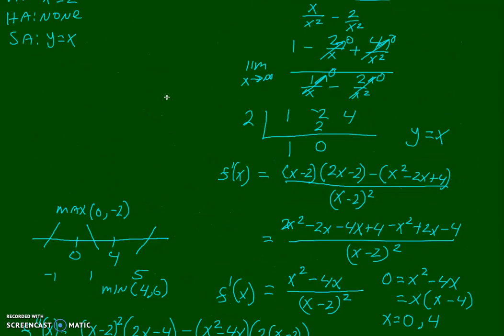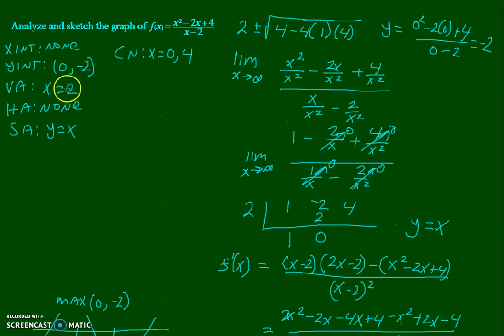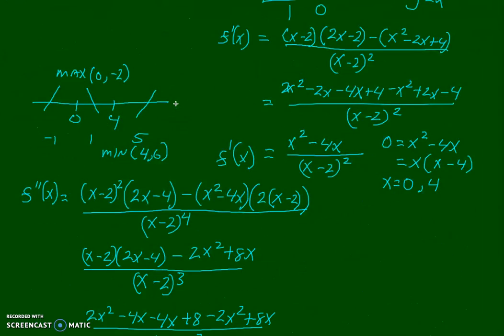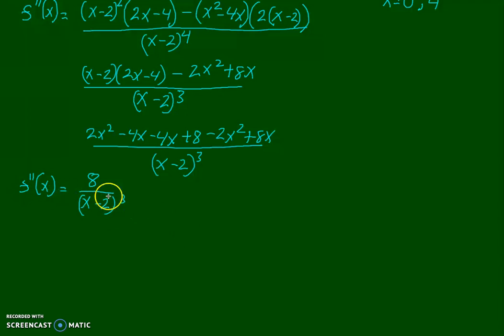So let's go put those up here. So we have a max at 0, negative 2, and a min at 4, 6. Now let's take a look at concavity. So down here we have our second derivative, and our possible points of inflection are going to occur where the function is 0 or undefined. Here the function doesn't have any zeros because the numerator is a constant. It doesn't cross the x-axis.